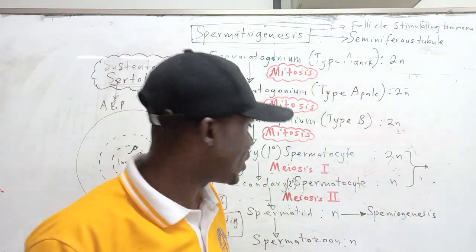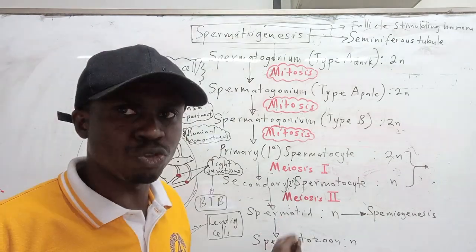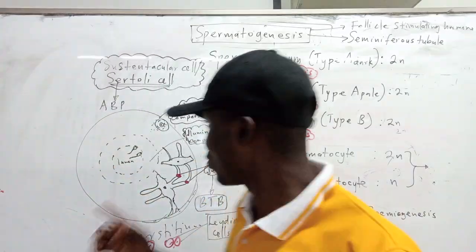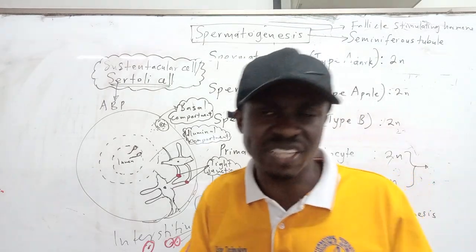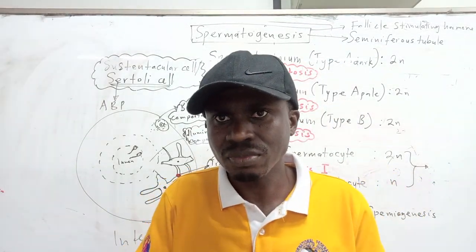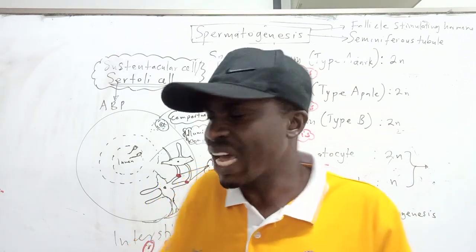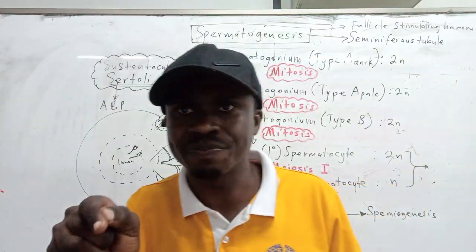Remember that this same testosterone is the one helping in the transformation of what we call spermatids to become spermatozoa, which we call spermiogenesis. It is also helping to release them from hanging on the wall of the seminiferous tube. That process of moving them from there, we call spermiation.